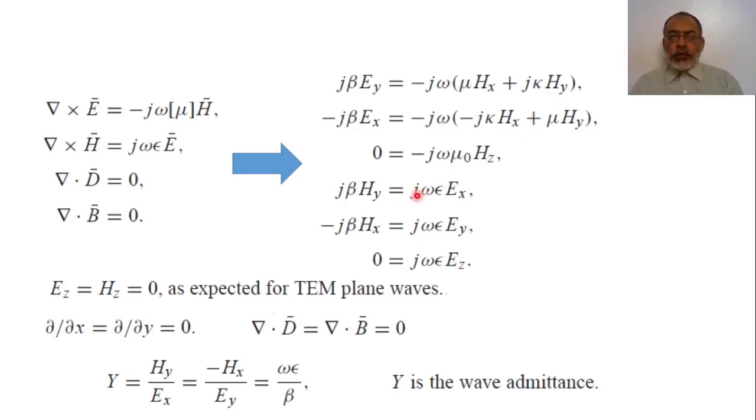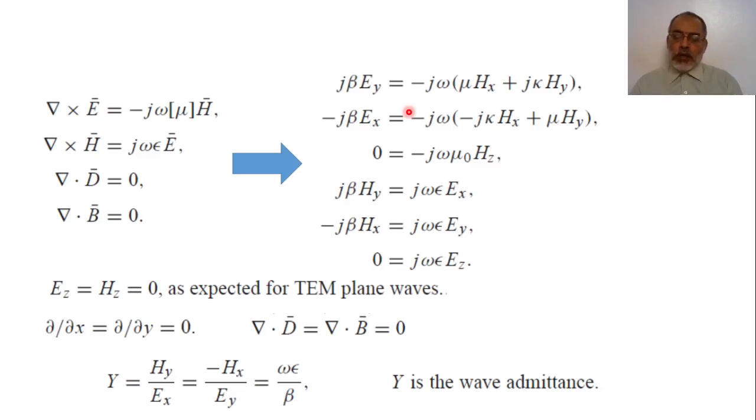So, from these 2 equations, we can represent Hx and Hy in terms of Ex and Ey, and use this representation in the above equation. In this case, these 2 equations would be represented completely in terms of Ex and Ey only. And then, by arranging these 2 equations, we can represent it in terms of Ex only or Ey only.